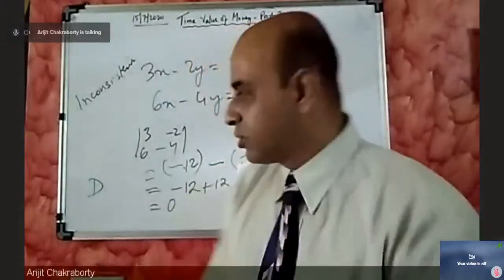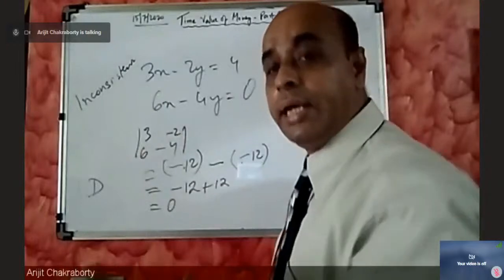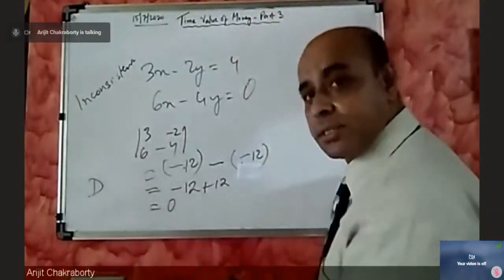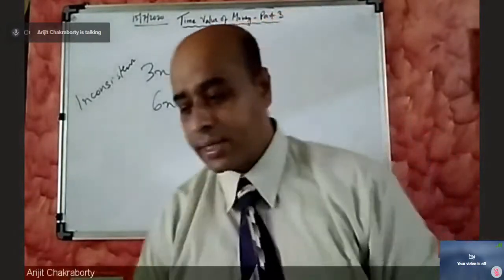So first observation: in case of inconsistent equations, the determinant will be equal to 0. Now, let's see what happens next.